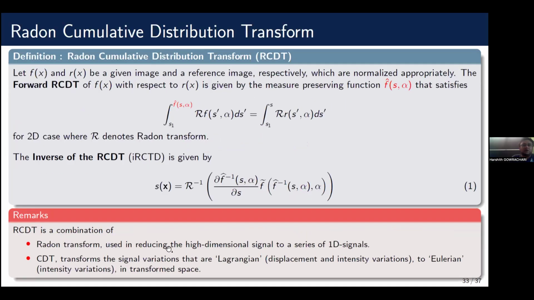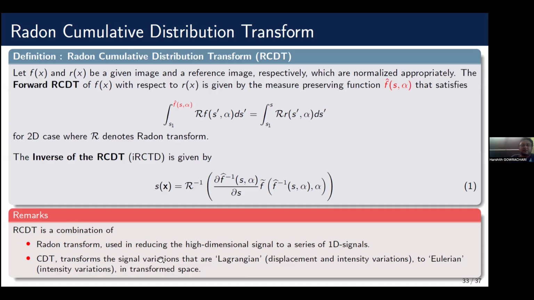And radon CDT is a combination of both, where you break your high dimensional signal into a series of 1D signals, and then you use CDT to transform these variations, which are basically Lagrangian, including both displacement and intensity variations, to Eulerian, which mainly includes intensity variation without the Lagrangian or displacement movements in the transform space.